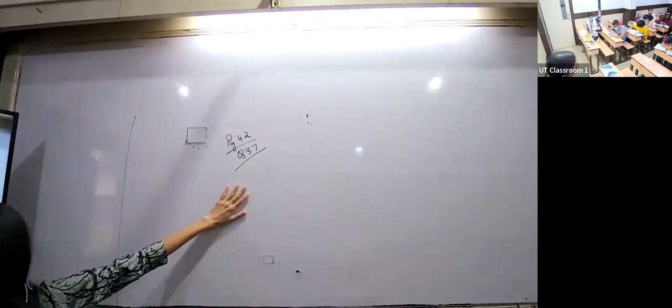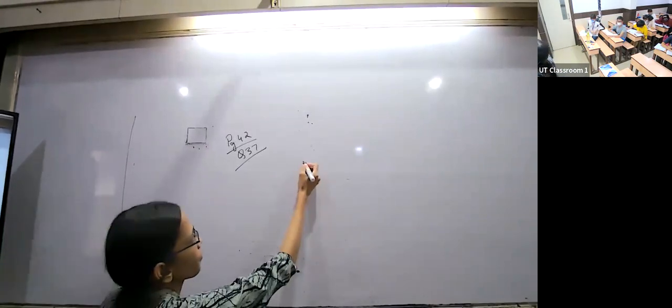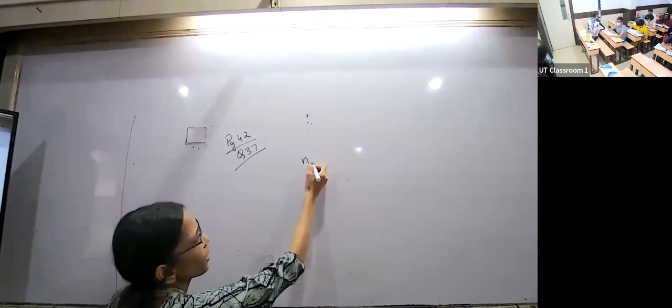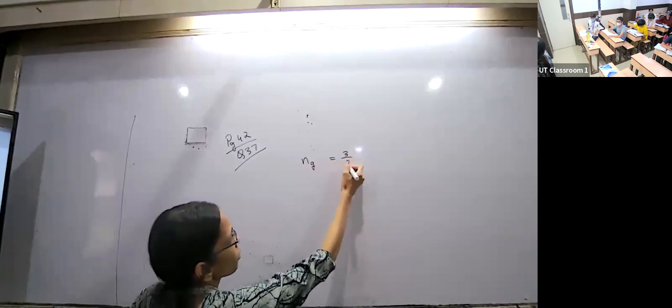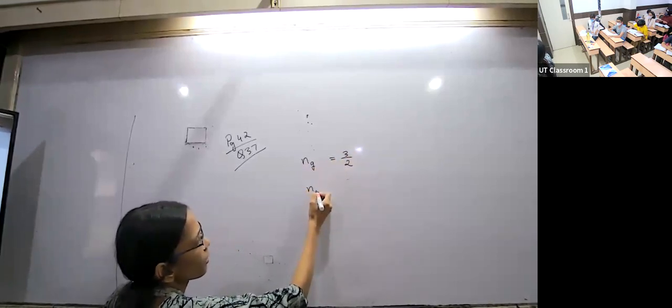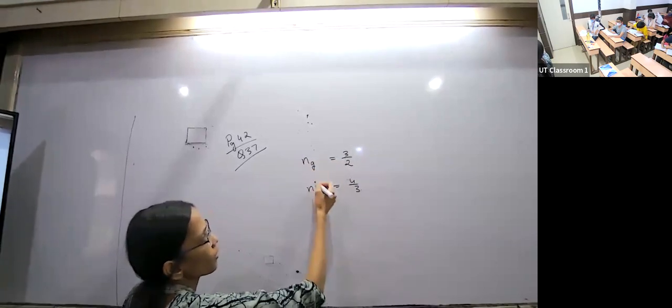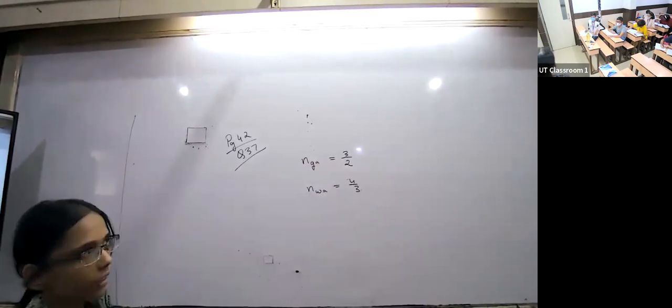Question 37. I think it has the refractive indices of water and glass given, and you have to solve that. You read the question for us. The refractive indices of glass and water with respect to air are 3 by 2 and 4 by 3 respectively. Okay, let's go slowly. Glass is 3 by 2. Water is 4 by 3. And both of these are with respect to air. What else?